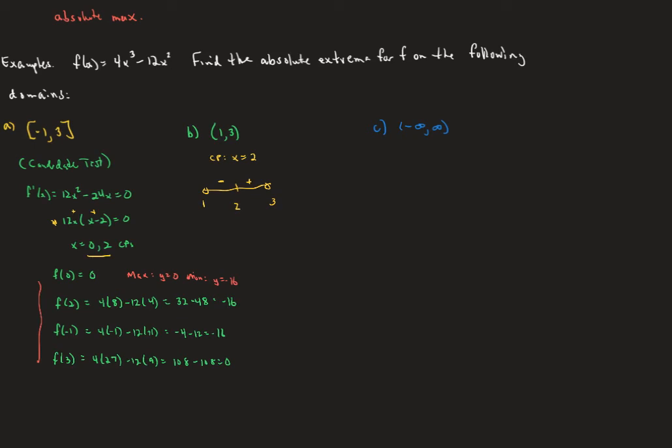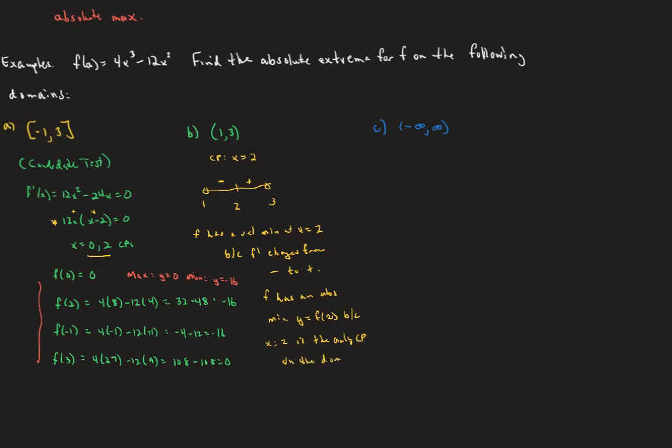Now, we could say f has a relative minimum at x equals 2 because f prime changes from negative to positive, period. End of that statement. F has an absolute minimum of y equals f of 2 because x equals 2 is the only critical point on the domain.